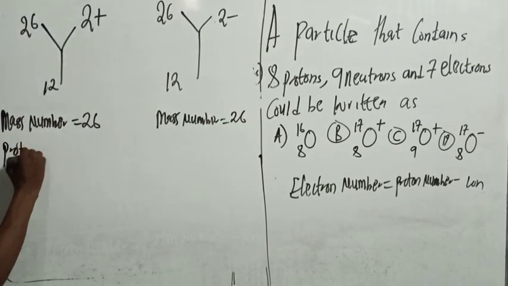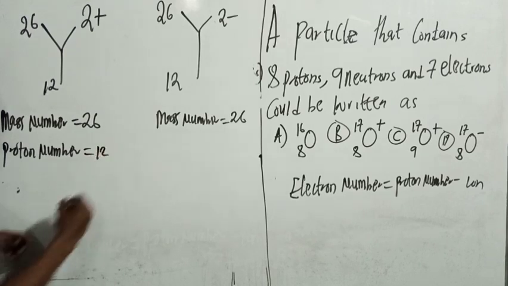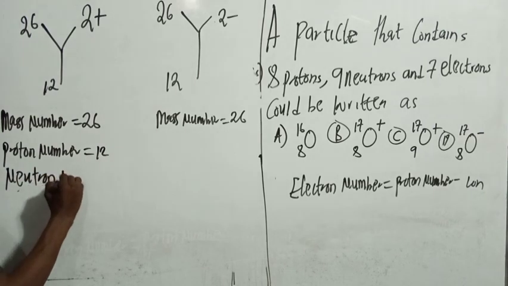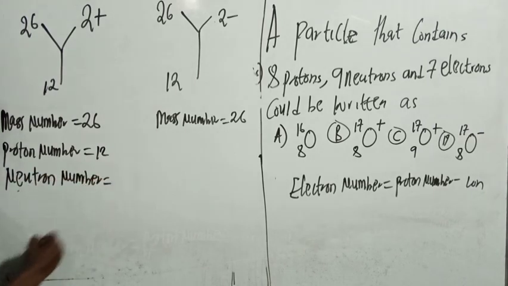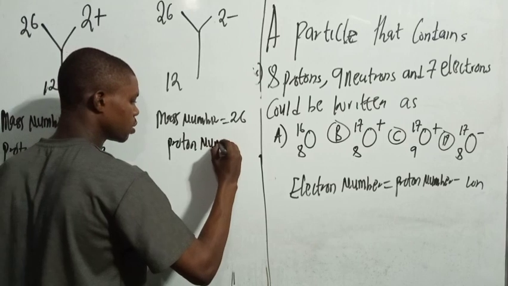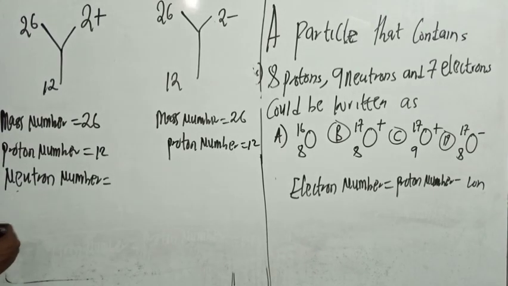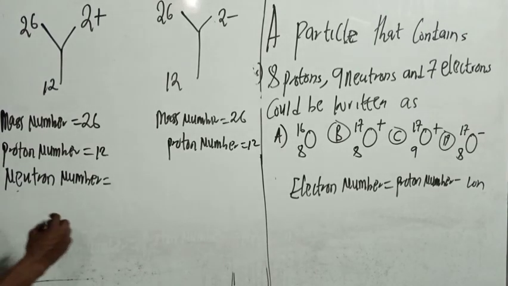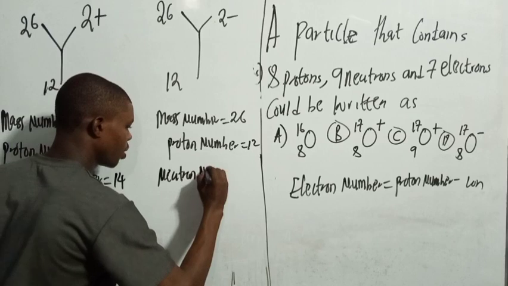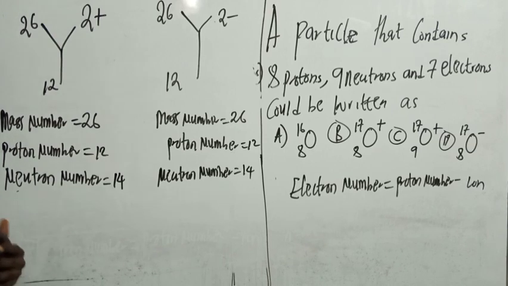The proton number, which is the atomic number, is 12. Then the neutron number here is 26 minus 12, which gives me 14.